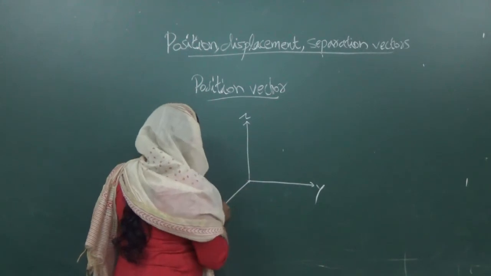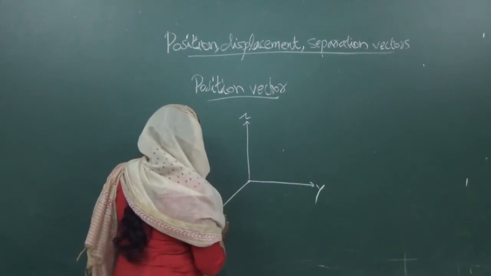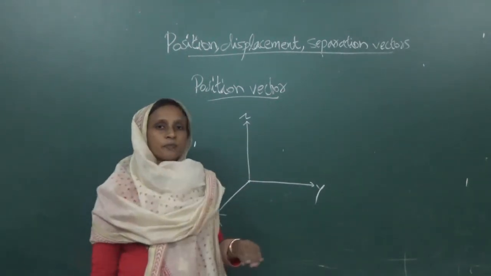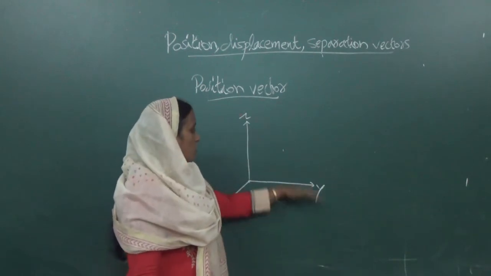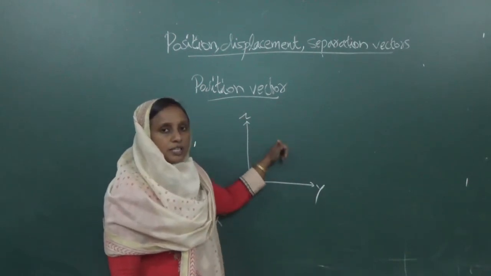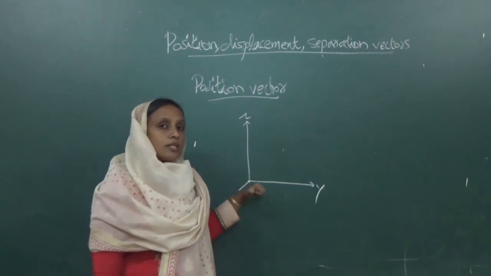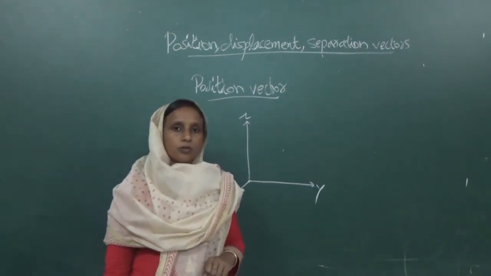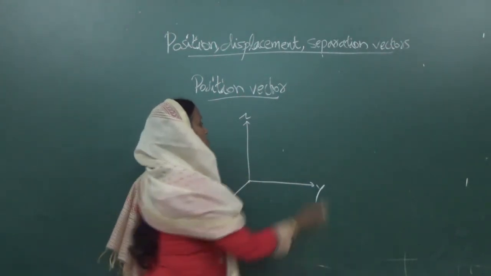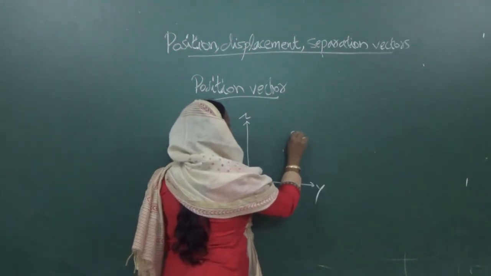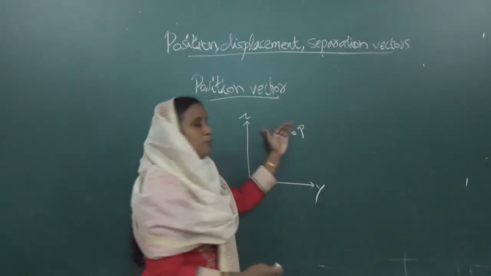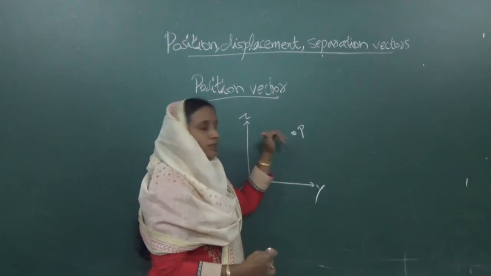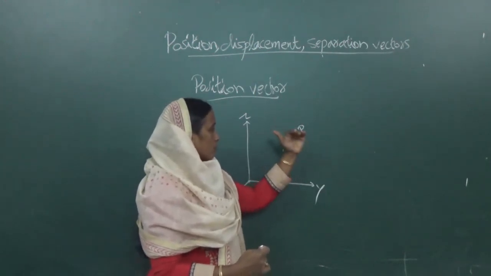The YZ plane is this board and the x-axis points outward from the board. Now suppose we have to represent a point P, which is not on the board, it is somewhere here.